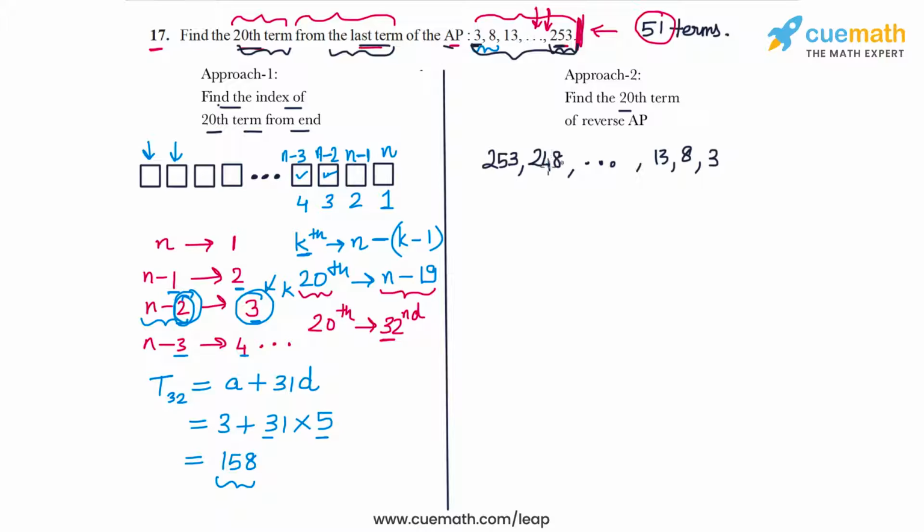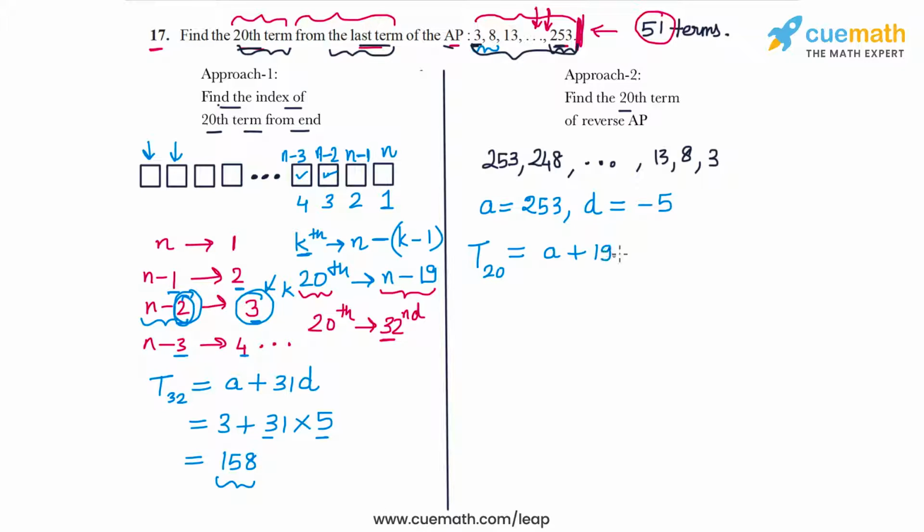So in this reverse AP, the first term is 253. The common difference is minus 5. And now all we have to do is find the 20th term of this reverse AP. So T20 will be equal to A plus 19D, 20 minus 1.